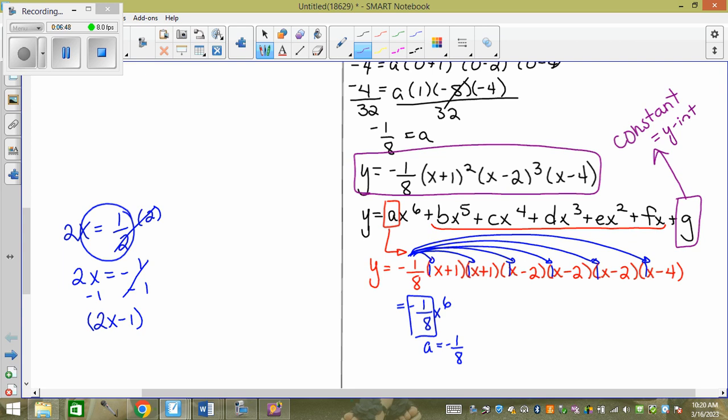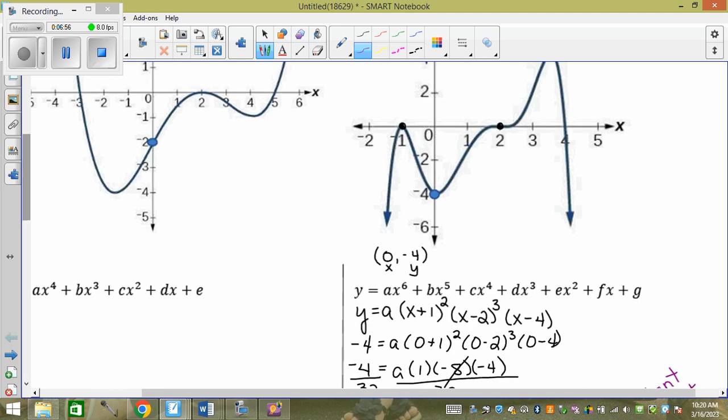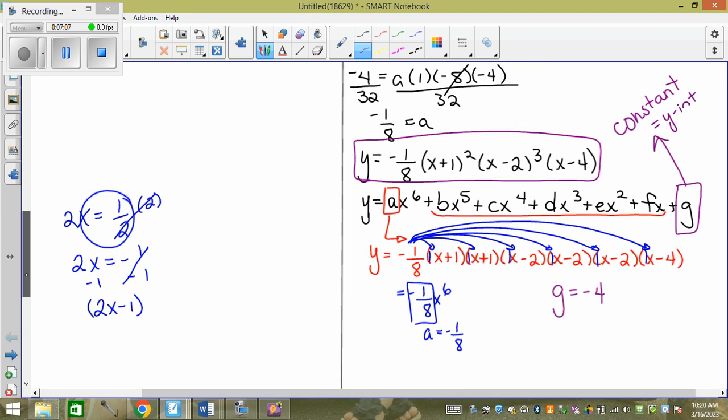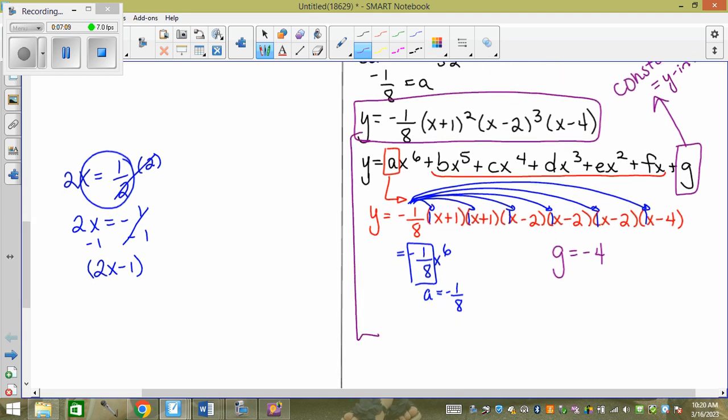This graph, I even gave it to you. So g equals -4. Because that's what my y-intercept is. Right? I didn't even have to do any math. If I wanted to show it algebraically, I could take this form, though, and plug 0 in for what to get the y-intercept?